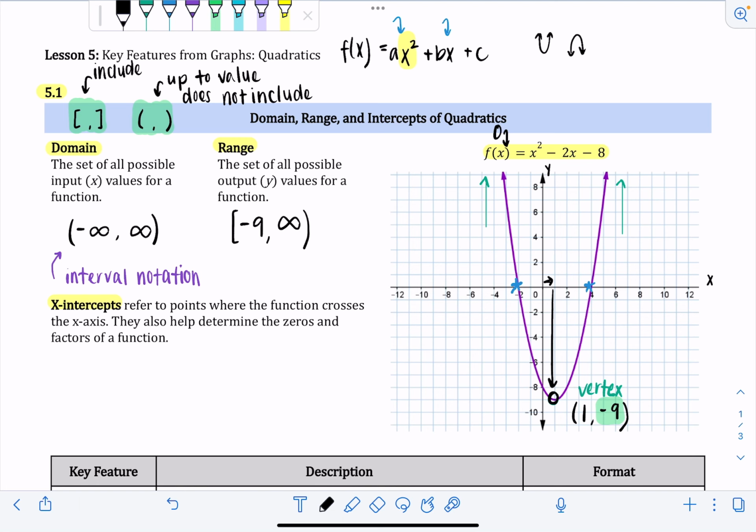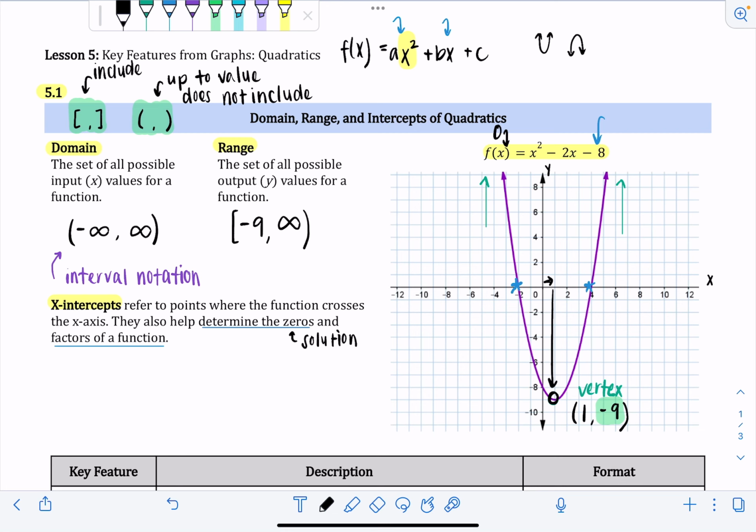Down in the description, it says they help determine the zeros, which they just are, and the factors of the function. If we didn't have this function and needed to write one for this graph, we could get that from the x-intercepts. Zeros, solutions, all those things are meshed together; they're all very similar.